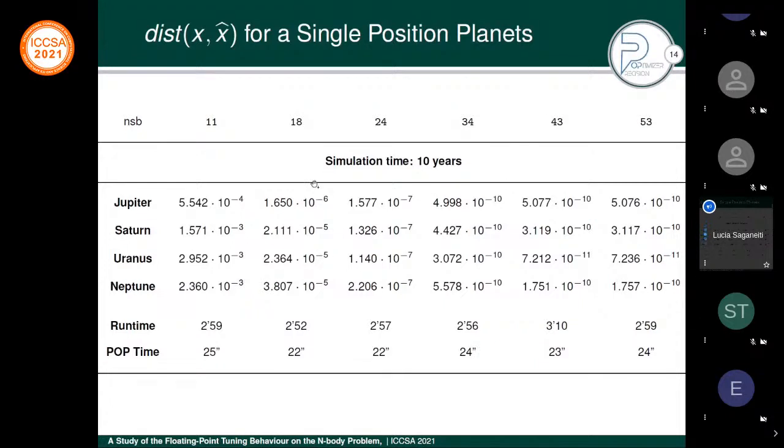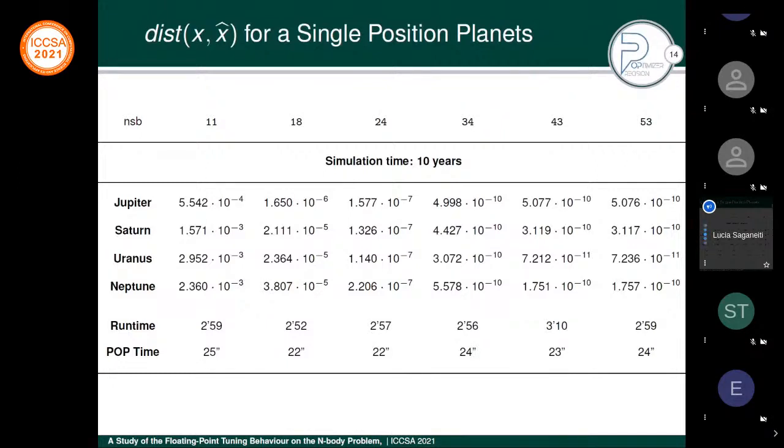Here in this table, we seek to measure the distance between the exact position of the bodies of our planetary system and the positions that are computed with the NSB given by the users, for example, 11, 18, 24, etc. What we have done here is we have generated the n-body program where all the computations are done with 500 bits, for example.